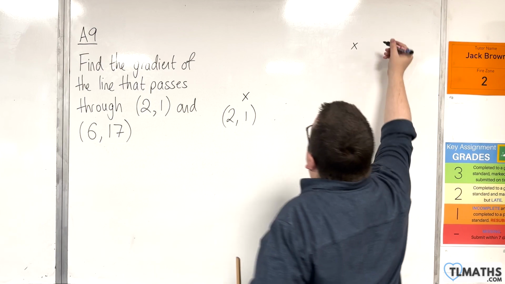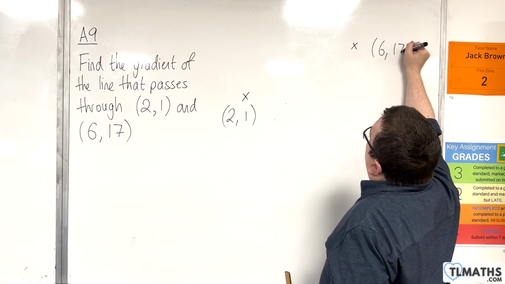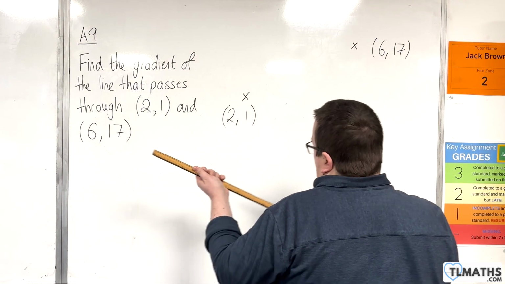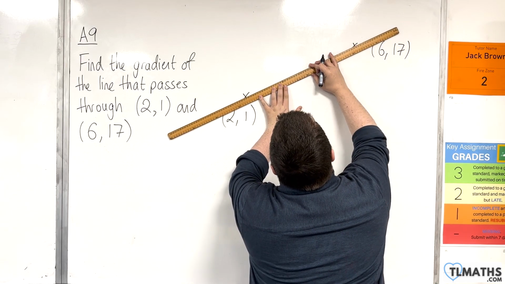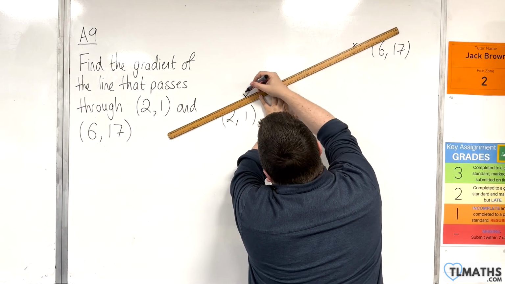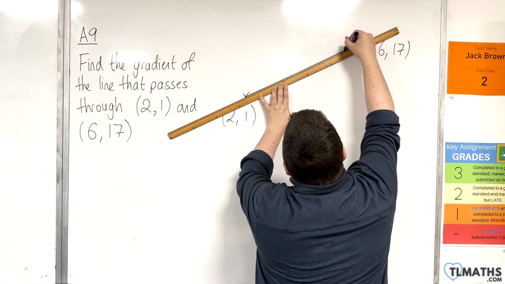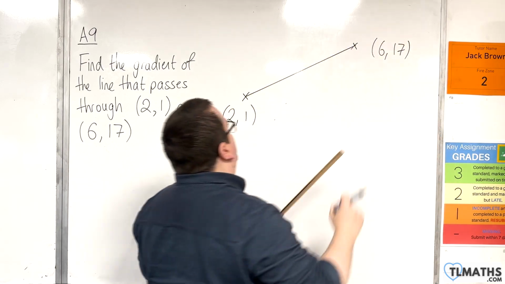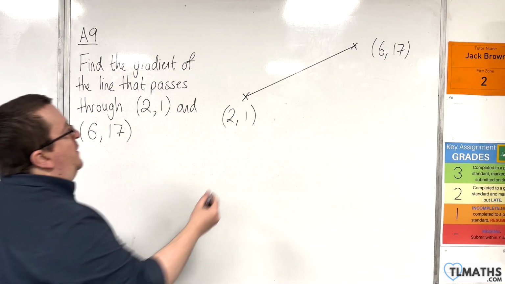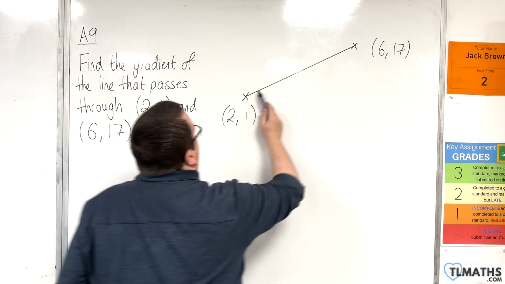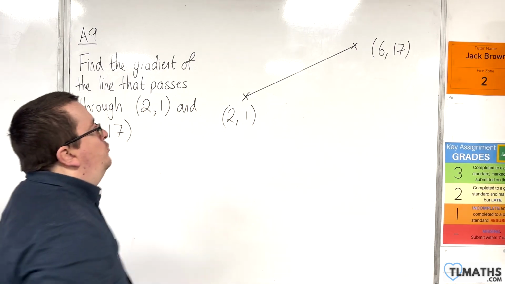It's not required to be to scale, so don't worry about that. It's just so you can get an idea that one point is to the right of the other and one point is above the other. So here's the line that goes through those 2 points. And of course the equation of the line would keep going in either direction, but we're just interested in this part of it.